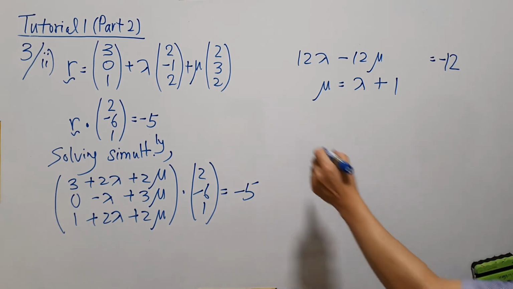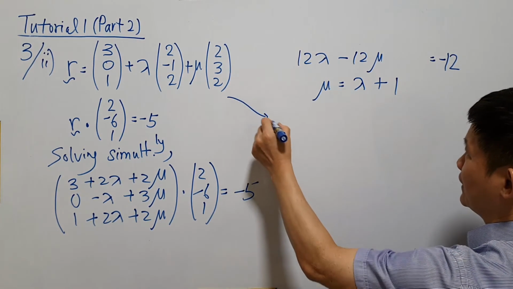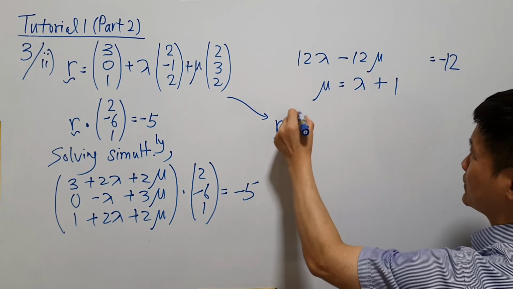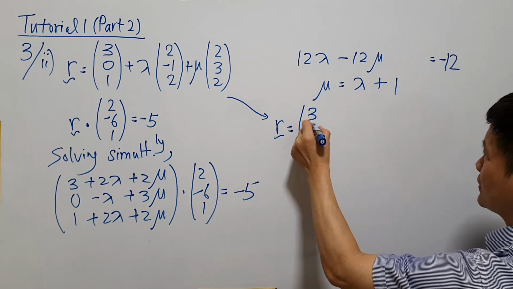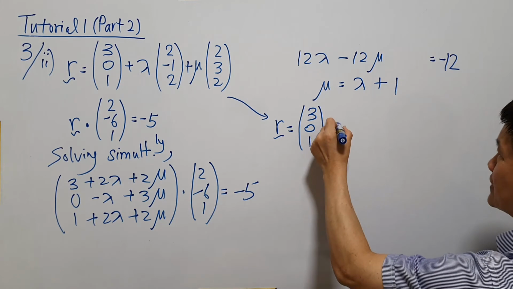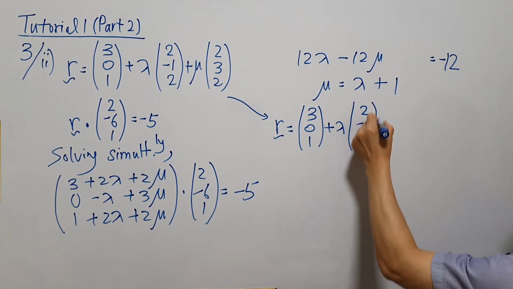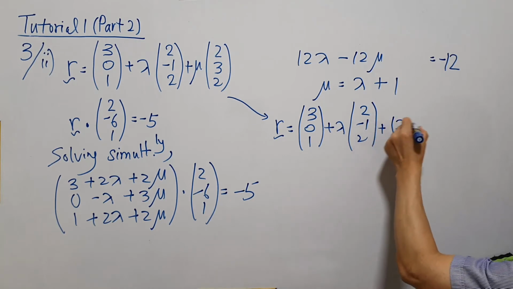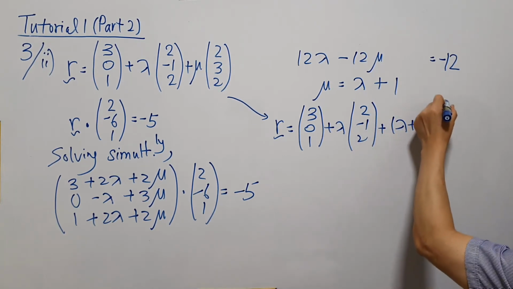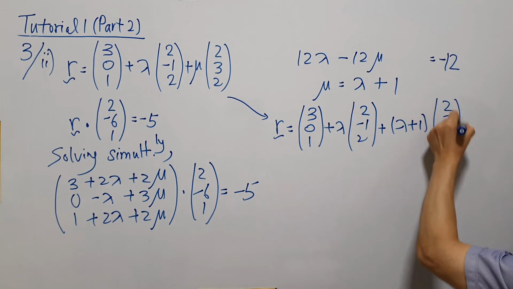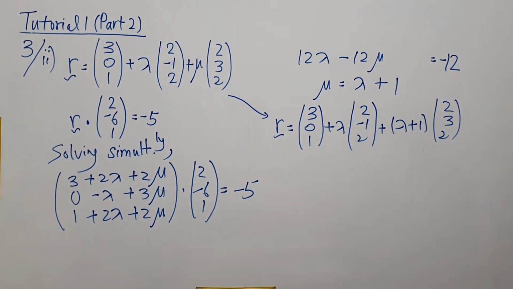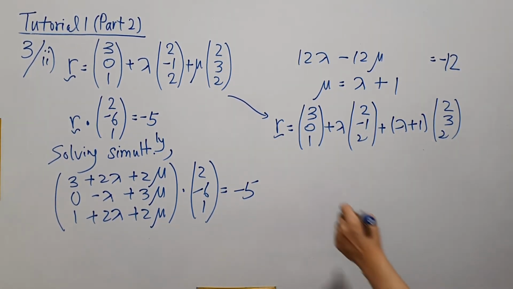So then from here, I'm going to put my mu in like what I did earlier on. This r equals to 3, 0, 1 plus lambda 2, minus 1, 2 plus lambda plus 1, 2, 3, 2. Now we have to perform the simple arithmetic here.